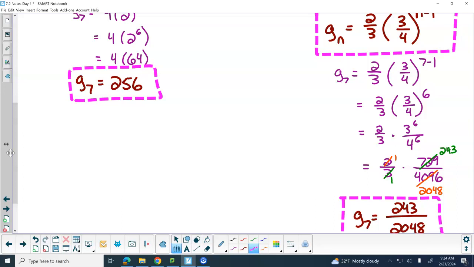So 2 goes into 4,096, 2,048 times. 3 goes into 729, 243 times. Not like cross multiplying. They have to be top and bottom. They can't be top or bottom. One's got to be on top, one's got to be on the bottom. Okay?